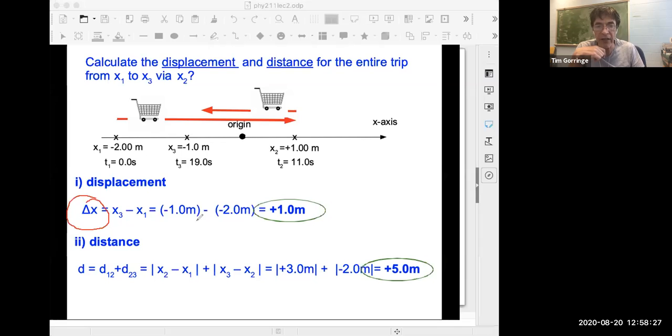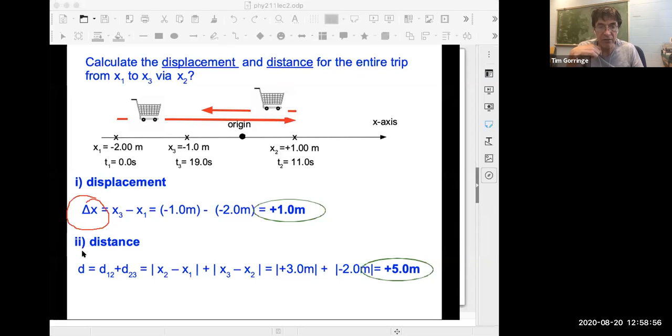If I fill in the coordinates of x3 and x1, -1 meter, -2 meters, and I'm careful about the signs here, then -1 minus -2 is actually +1 meter. And so the displacement for the entire trip is that the cart moved 1 meter in the positive direction, that's the direction towards the right, for the entire trip.